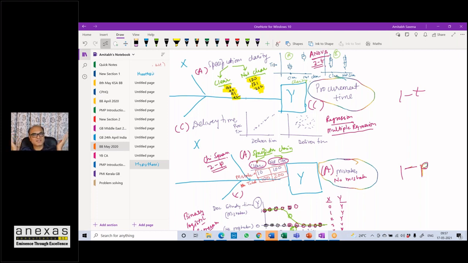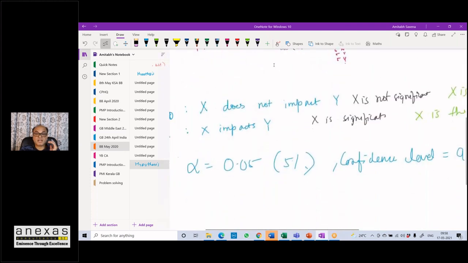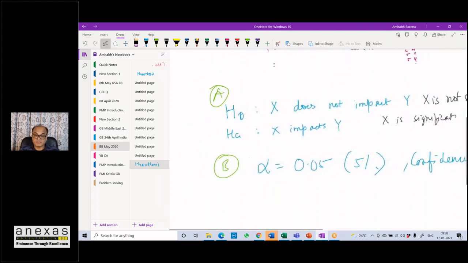Just sit quietly, do nothing. You are not at risk. But now, with a small risk of 5%, you are recommending our templates should change. The specification clarity is really impacting our procurement time, and we need to make some changes. So that is what you are expected to do. That is why we are choosing the alpha error as 5%.